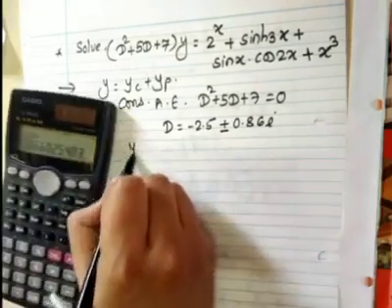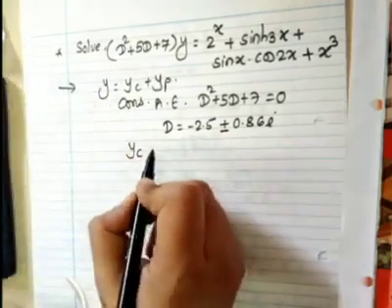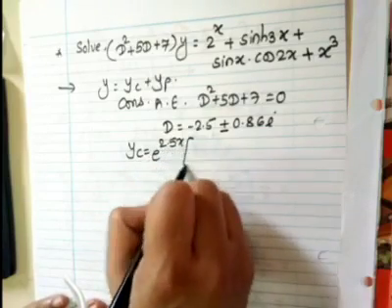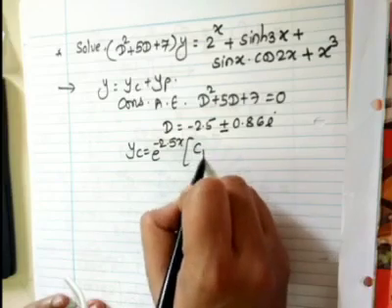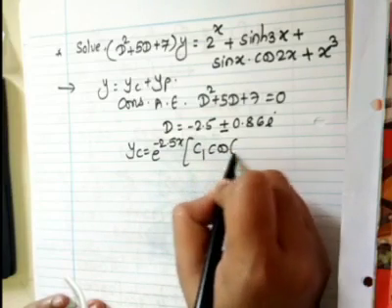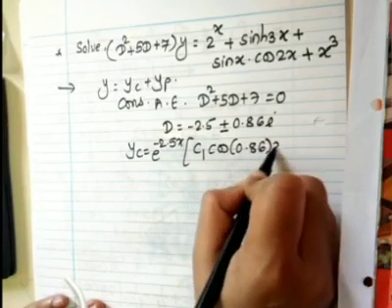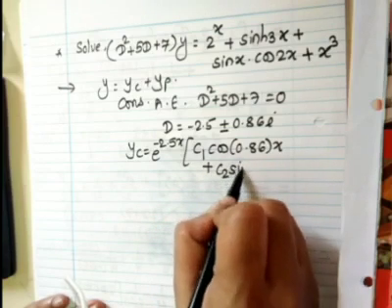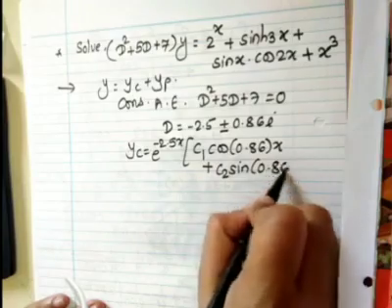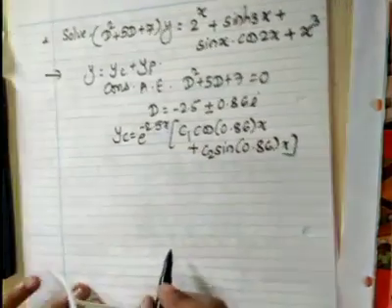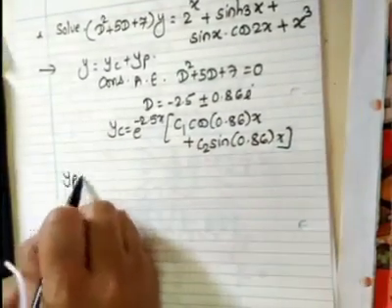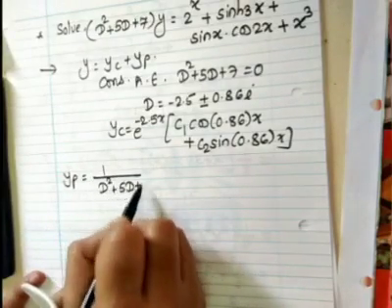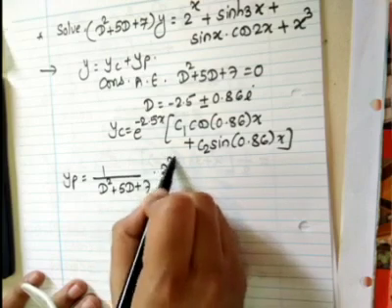So its yc is e raised to minus 2.5x into C1 cos 0.86x plus C2 sin 0.86x. This is yc. Now yp is 1 upon d square plus 5d plus 7 into 2 raised to x.